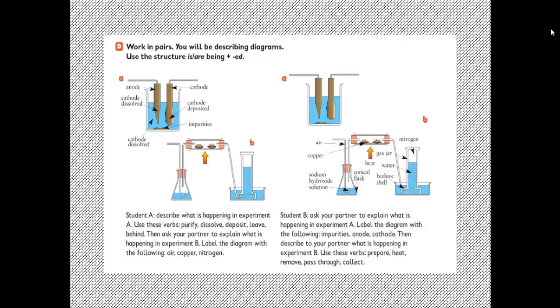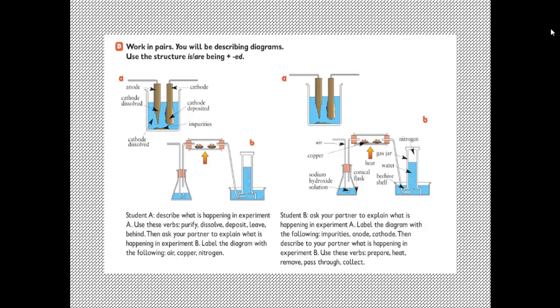And student B, in his or her turn, ask your partner to explain what's happening in experiment number A. Label the diagram with the following: impurities, anode, cathode. Then describe to your partner what's happening in experiment B. Use these verbs: prepare, heat, remove, pass through, and collect.